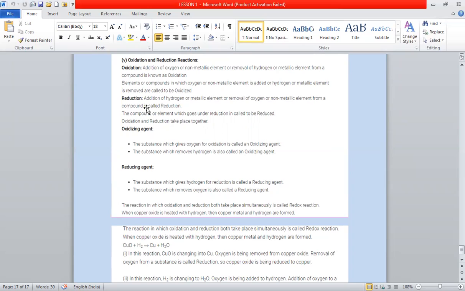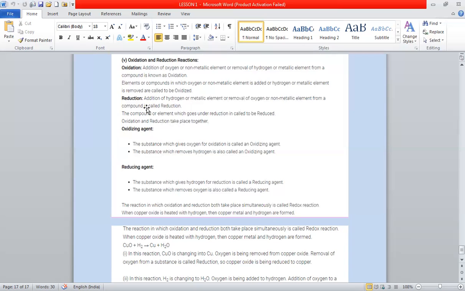Another term is there, oxidizing agent. What is an oxidizing agent? The substance which gives or supplies oxygen for oxidation is called an oxidizing agent, or we can say the substance which removes hydrogen is also called an oxidizing agent.